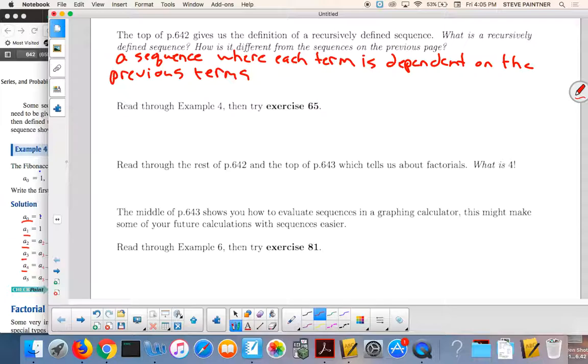The second question I asked you here is, how is it different from the sequences on the previous page? And the difference really is that on the previous page, if we wanted to calculate A sub 3, we didn't need to know A sub 2 or A sub 1. So the difference between a recursively defined sequence and the other sequences is that for the others, you don't need to know the previous terms.